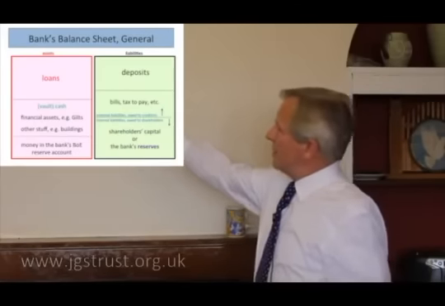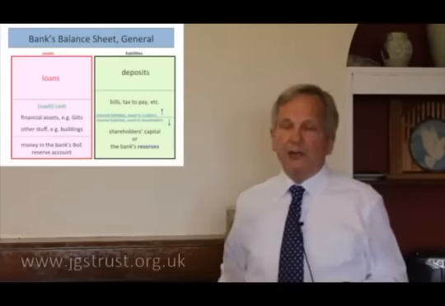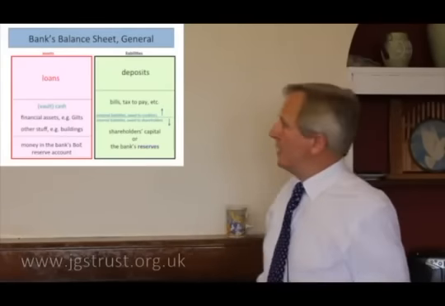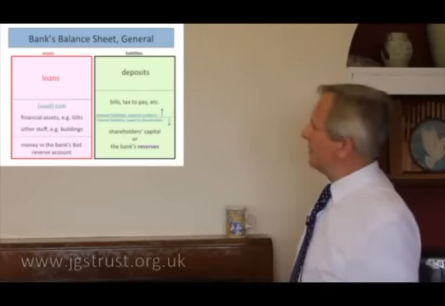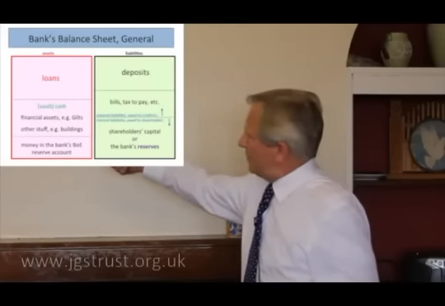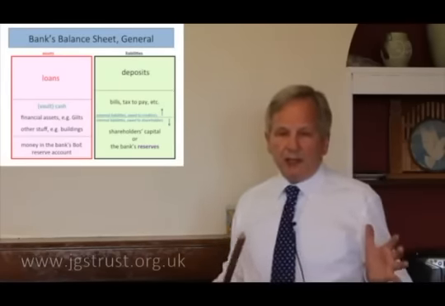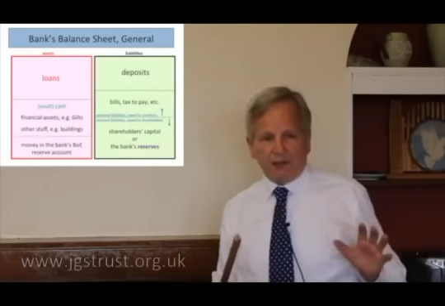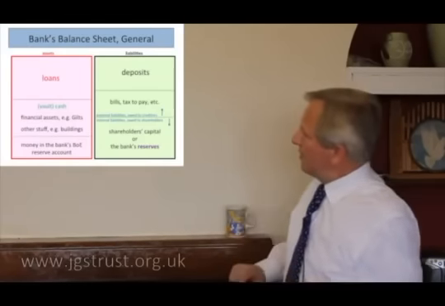Among financial assets, the banks tend to buy gilts, which are IOUs from the British government. It's a favourite asset of banks, and obviously the nice buildings that you see, and the cars and so forth. And also, remember, initially the shareholders put their initial money into the account at the Bank of England, it's called their reserve account.